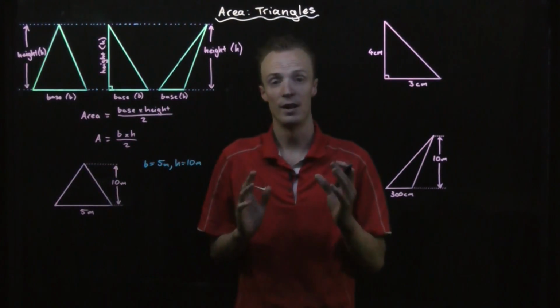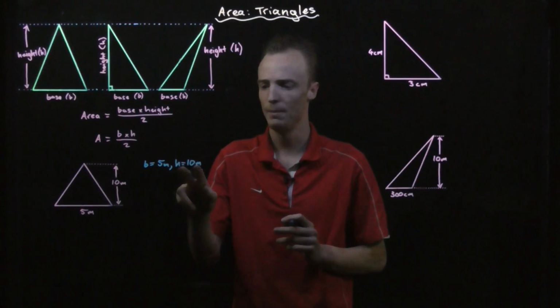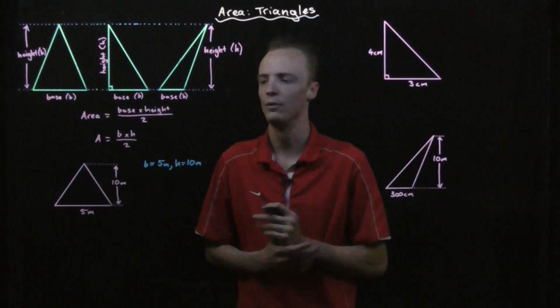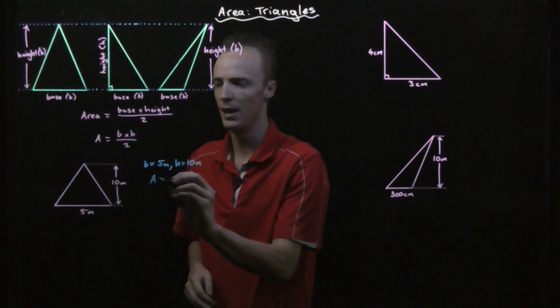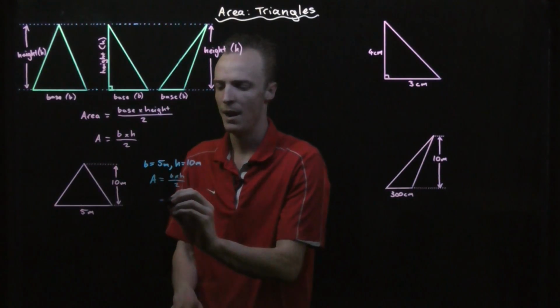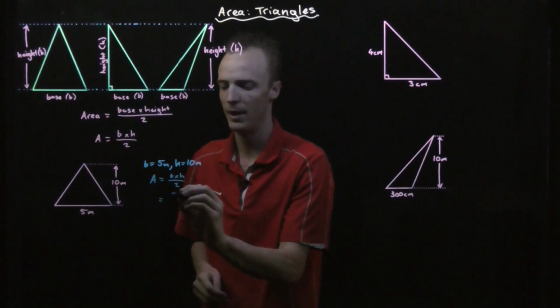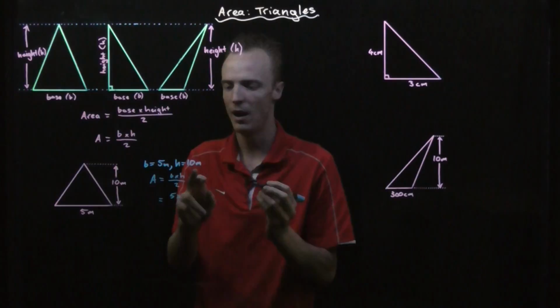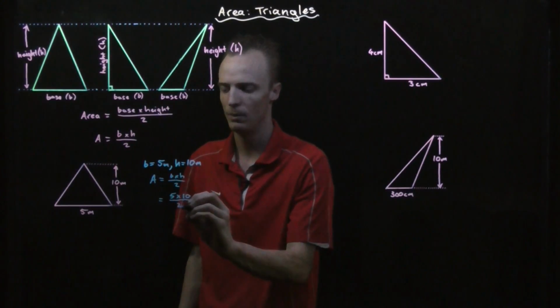And once we've identified the information we've got to make sure they're in the same units. This time, they're both in meters, so we don't need to do any conversions. So now we write our formula out, where the area equals base times height divided by 2. And we substitute our information into the formula. So our base is 5 meters, multiplied by a height of 10 meters, and divide all of that by 2.